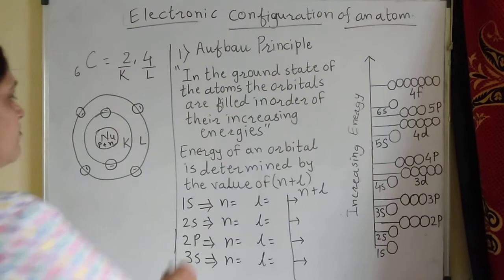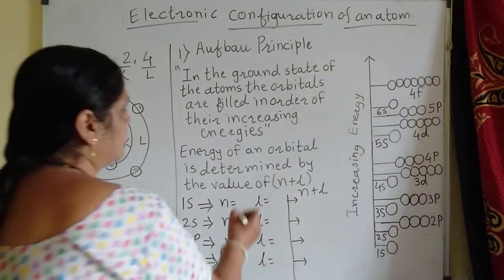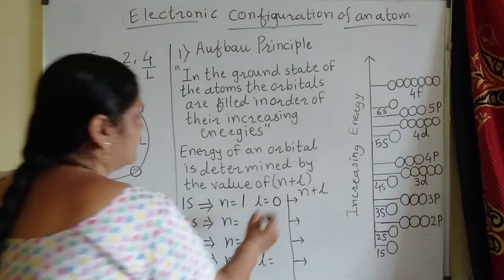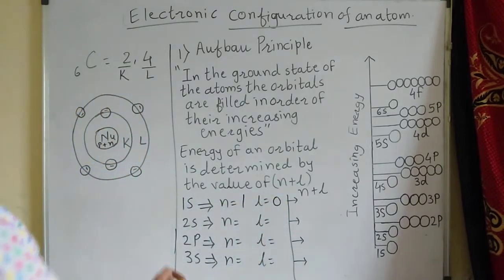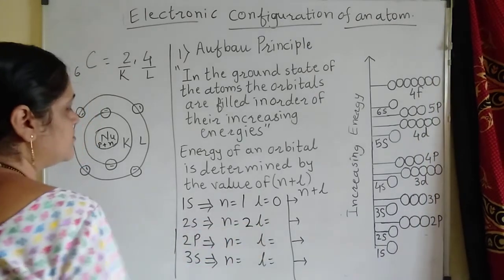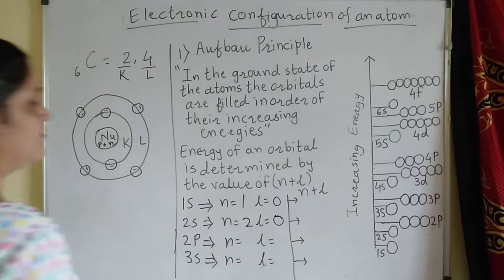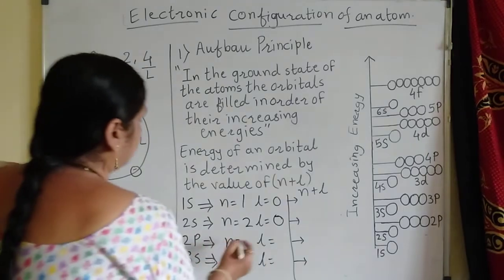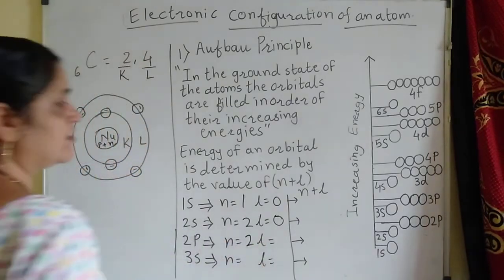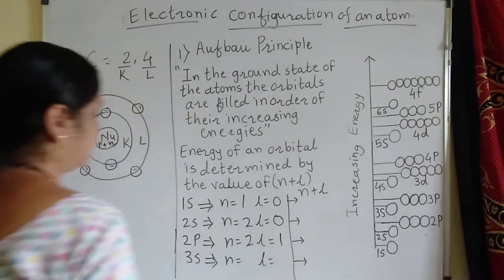The 1s orbital indicates that the n value is 1 and the l value is 0. Then for the 2s orbital, the n value is 2 and the l value will be 0. For the 2p orbital, again the principal quantum number is 2 and the angular momentum quantum number is 1.